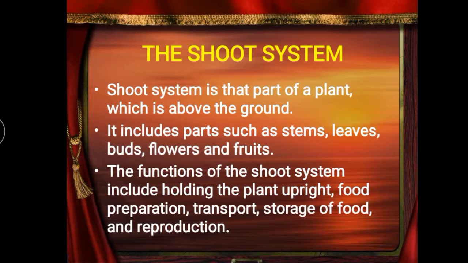So what are the functions of the shoot system? It holds the plant upright. The stem will help the plant to stand upright. If there is no stem, it will be like a creeper. Creeper means a bean plant or pumpkin plant. The stem is very soft, so it creeps on the ground. If the stem is steady, the plant will stand upright.